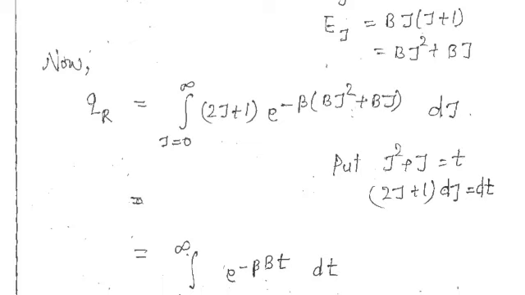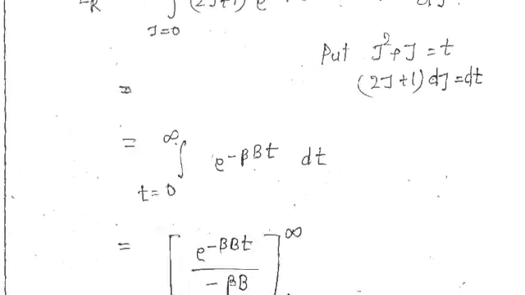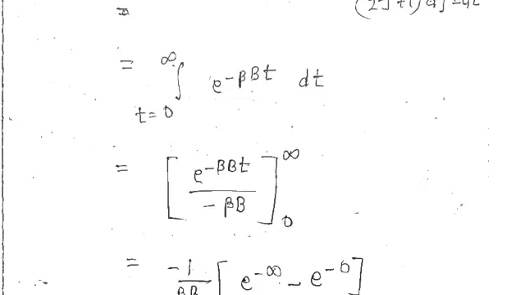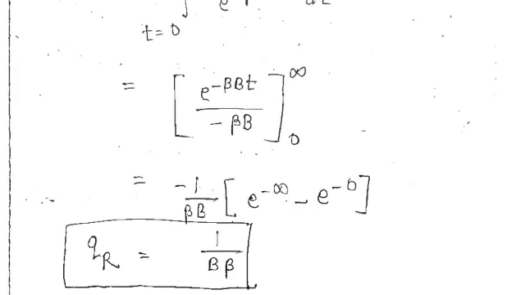It means we are getting the same limits. So we reach the expression e to the power minus beta Bt, and when we put the limits, finally we got this expression.